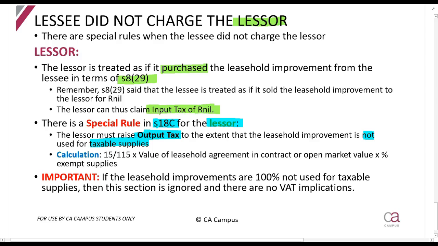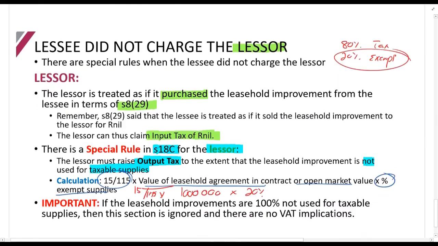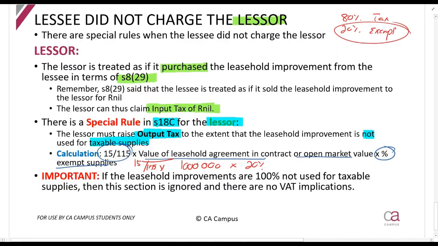The calculation says it's the value of the leasehold improvement per the contract, or the open market value if you don't have the value, times 15 over 115, times the percentage exempt supplies. So if the lessor is going to use it 80% for taxable supplies and 20% for exempt supplies, and the value of that is a million, you'll say 1 million times 15 over 115 times the percentage that is exempt, 20%. And that is a special rule there. Very new section, guys. Hasn't really been asked yet, but do be aware of it.